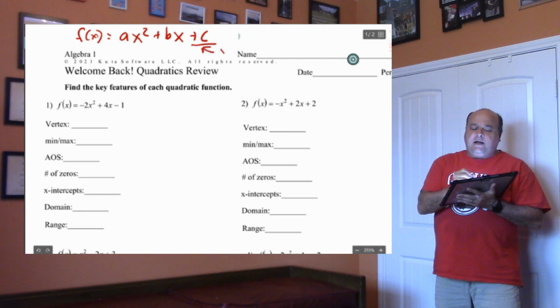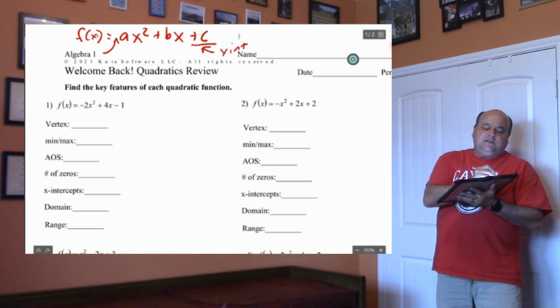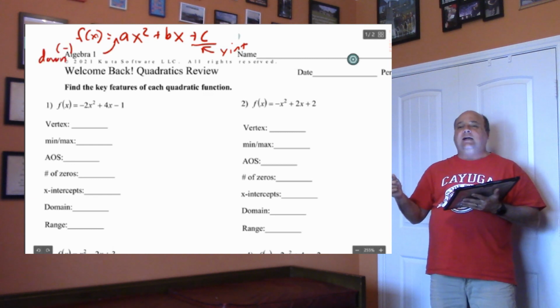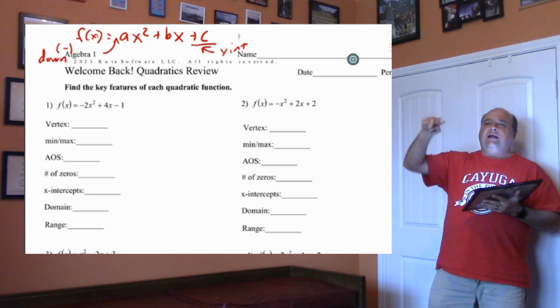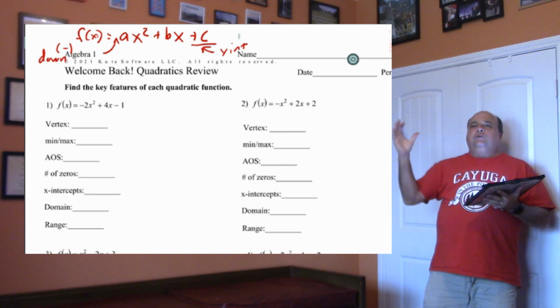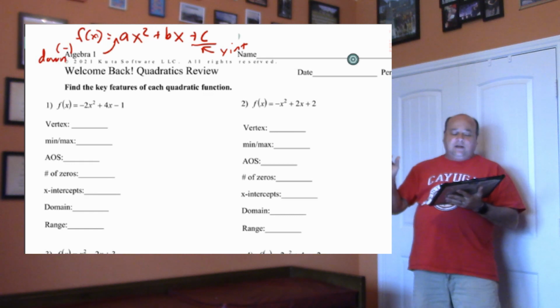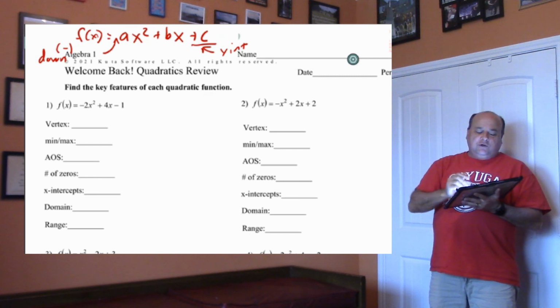Remember, this number right here is your y-intercept. If the parabola is negative, it opens down and it has a max. If it opens up, it has a minimum. It's the top or bottom of the curve. So we're just going to graph these and identify the key attributes. It's going to be a piece of cake. So let's do number one.